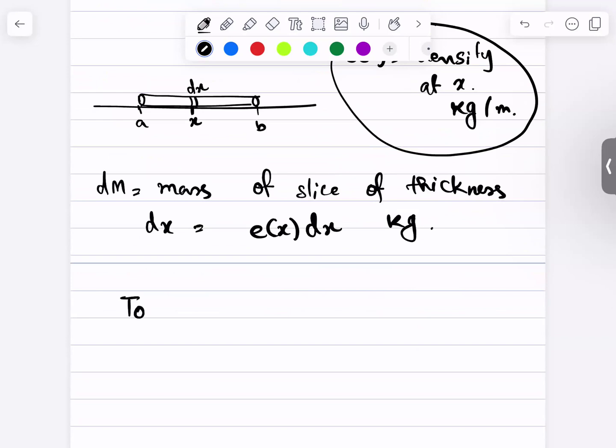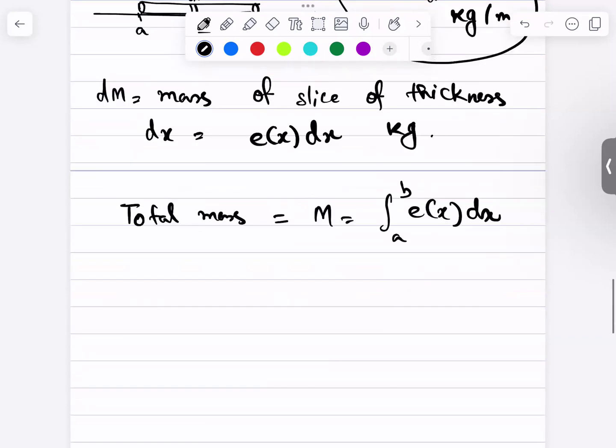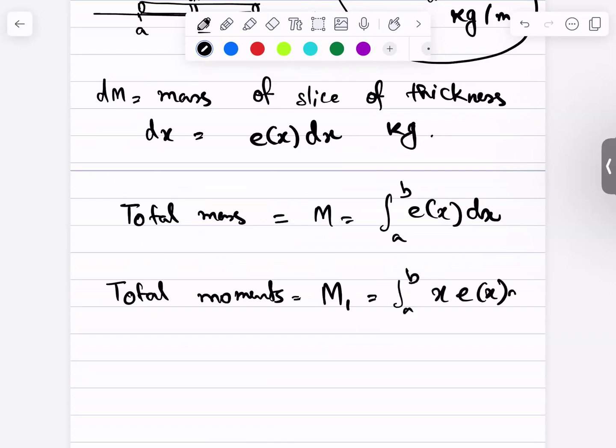Now, what is the total mass? For total mass, I have to integrate. Total mass m is just the integral from a to b of rho x dx. And what is the total moment? Total moment, say m1, will be the integral from a to b of x rho x dx.